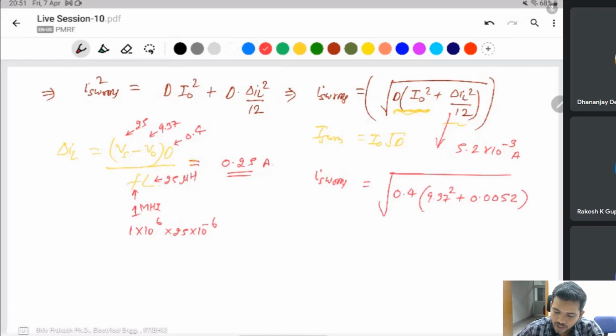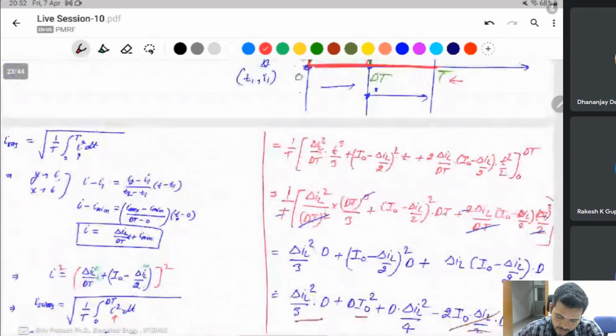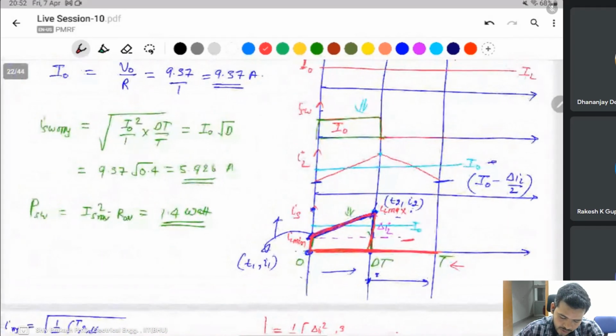Then what will be the RMS current? It is about 5.92 ampere. This one, I think, is the same.